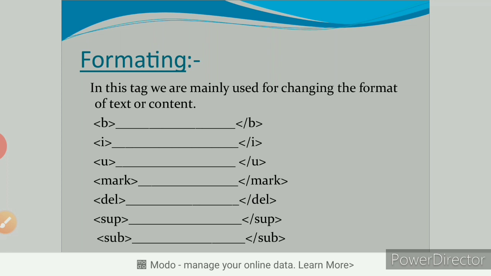Suppose I want to write text in bold, so I can use the B tag. Write your name here to bold it. If you want to write in italic, then you can use the I tag.